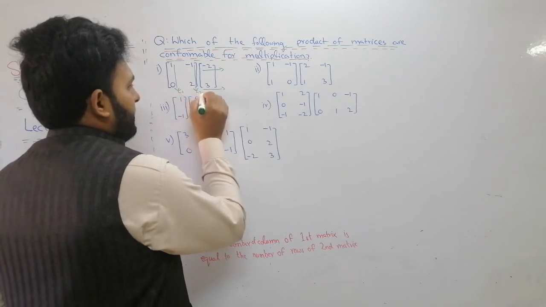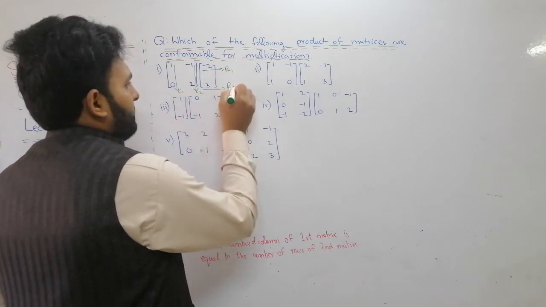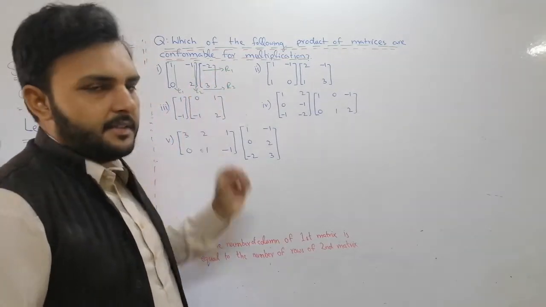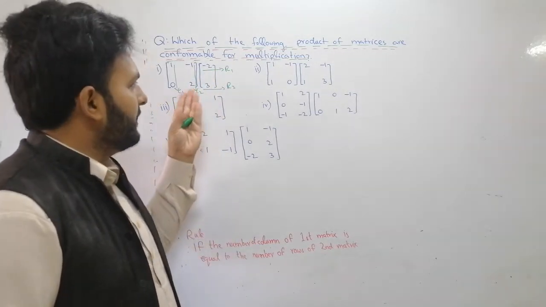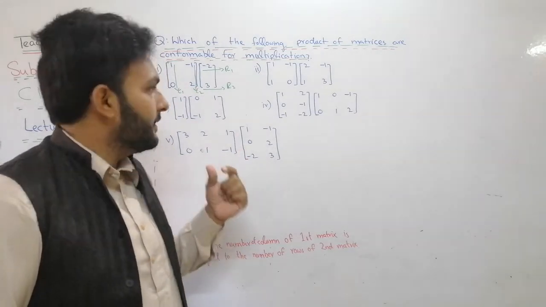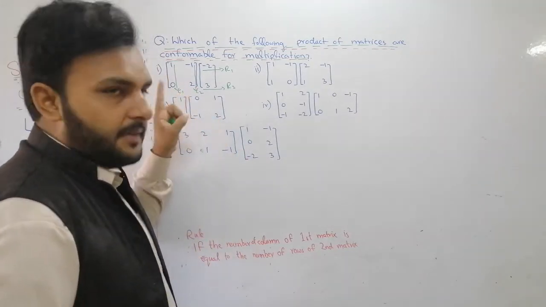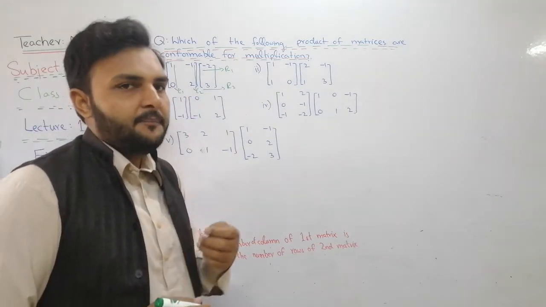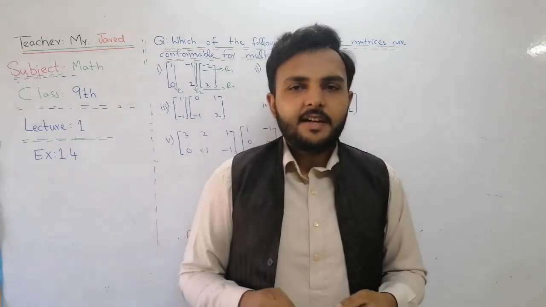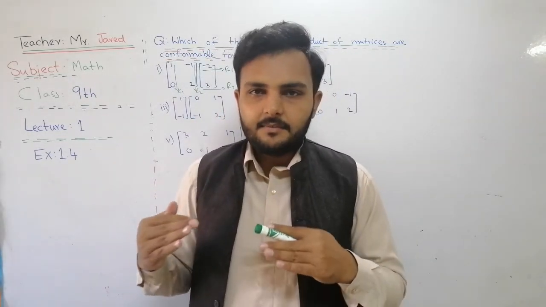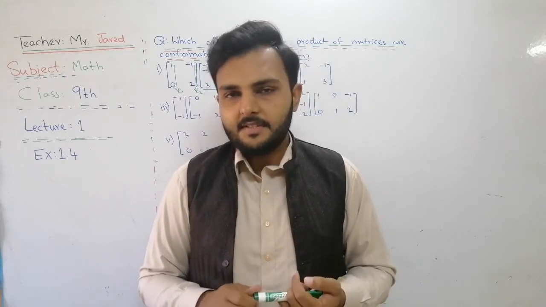This is C1, C2, this is R1 and R2. Look, in the first matrix there are two columns, and in the second matrix there are two rows. Yes, we can multiply these two because the number of columns in the first matrix is equal to the number of rows in the second matrix. Now how can we write the answer properly? You will write, these matrices are conformable for multiplication.